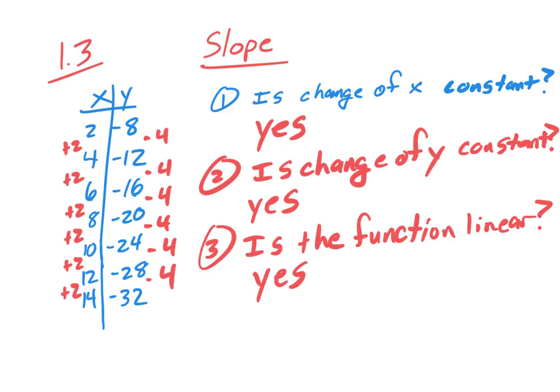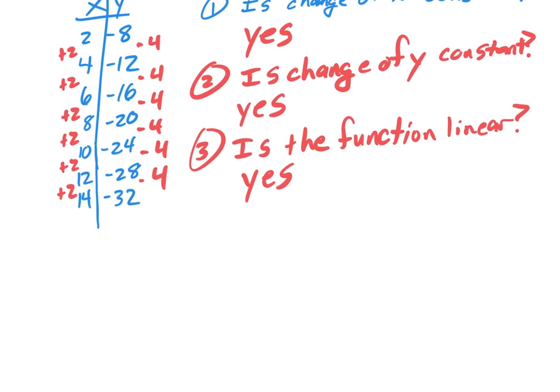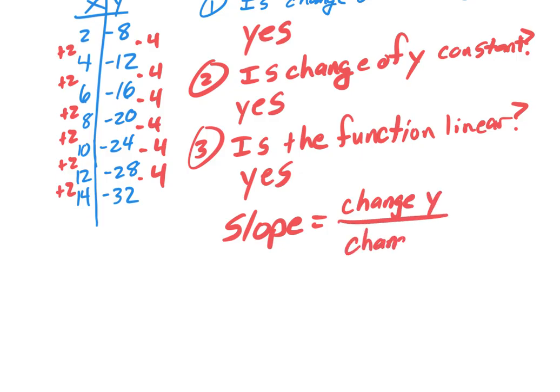And if it's linear, that means I can find the slope. So to find the slope of this table, all we would have to do is put the change of y over the change of x.